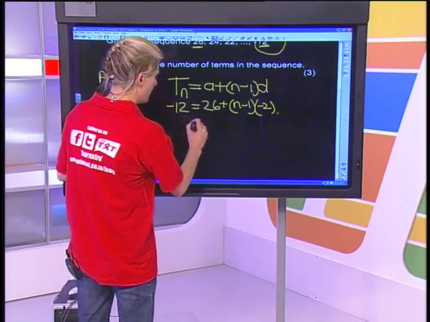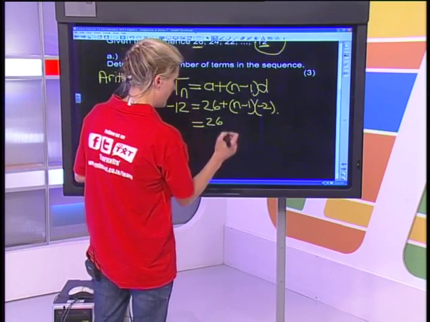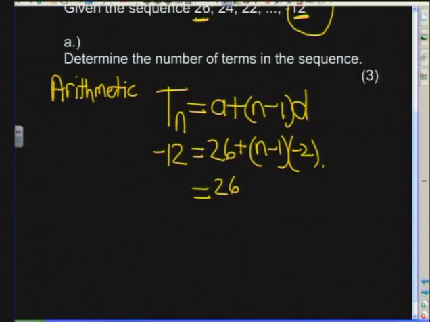There's no problem here. The rest we have to do is very straightforward algebra. I've got my 26 over here. I'm going to say -2 multiplied by n, so that's minus 2n. And -2 multiplied by -1, that's plus 2. Right. You can do it any way you want.